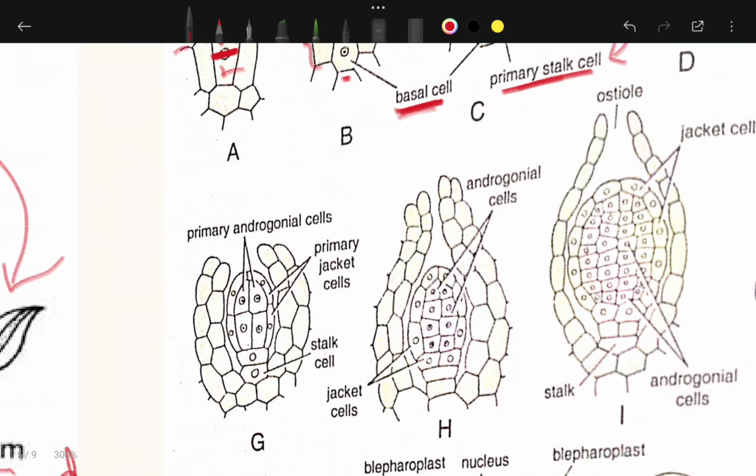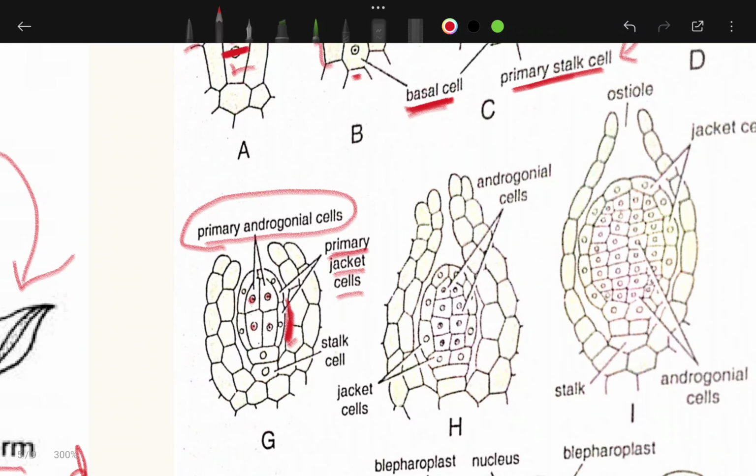This will lead to the production of two layers of cells. The outer cells that you can see here are known as primary jacket cells, and these will contribute to the production of the jacket cells. And then the inner ones are known as the primary antheridium cells.